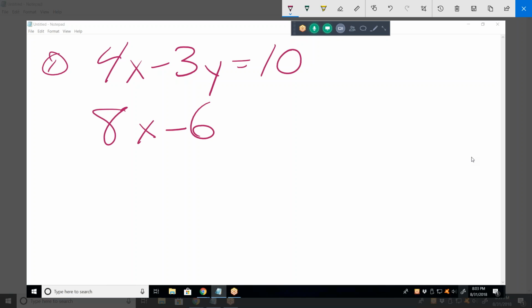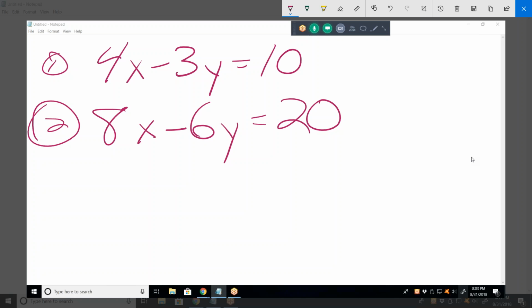And what do you notice right off the bat here about these 2 equations? What do you notice that's similar? The bottom equation is merely a multiple of 2 of the top equation, which means it's not any different.